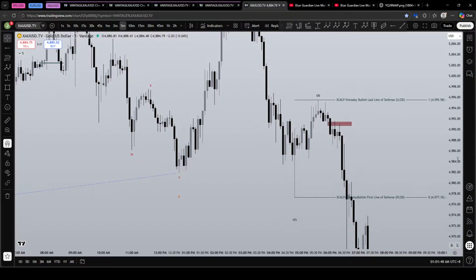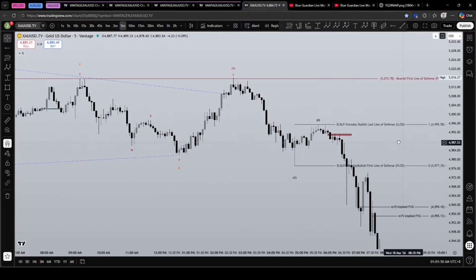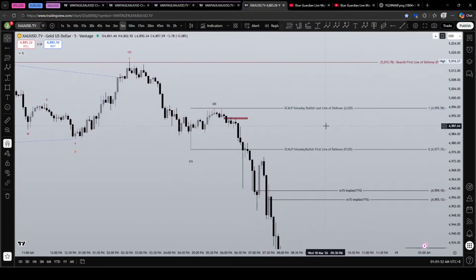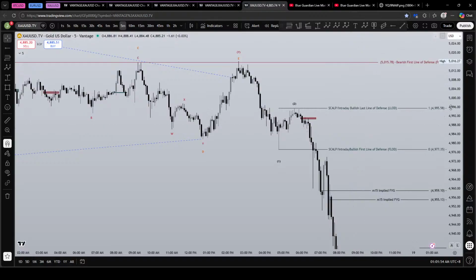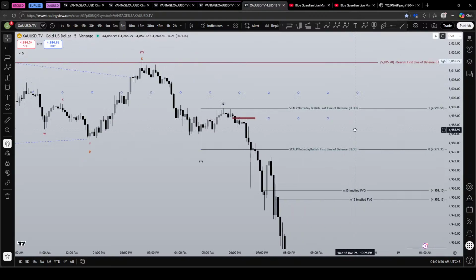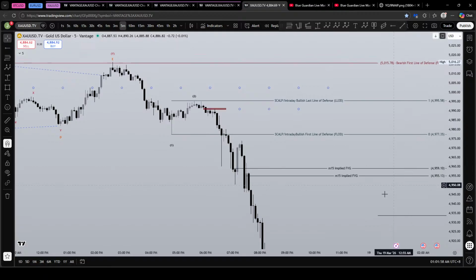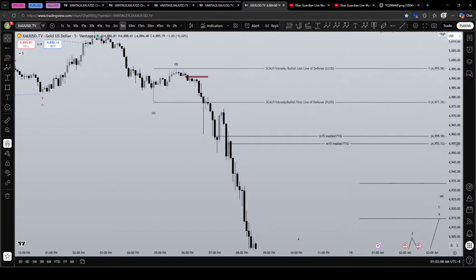Actually, if you are familiar with implied fair value gap, most of the reversals in the market usually will happen with an implied fair value gap. I'm not just saying it, you may test it yourself because I have tested this already.